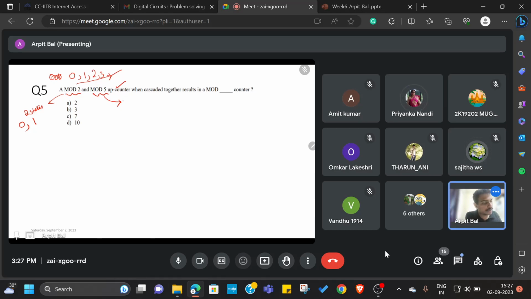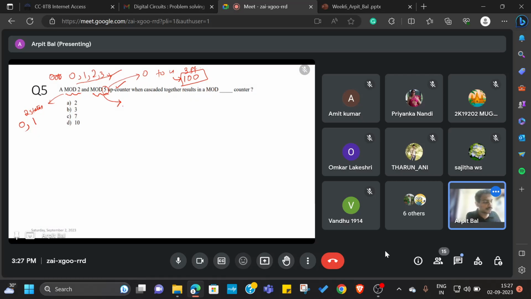So 3, because mod 5 means it will reach from 0 to 4, and 4 will need 3 bits for representing, 100. So here we will need 3 flip-flops. I hope this point is clear. We did a similar problem in question number 2.